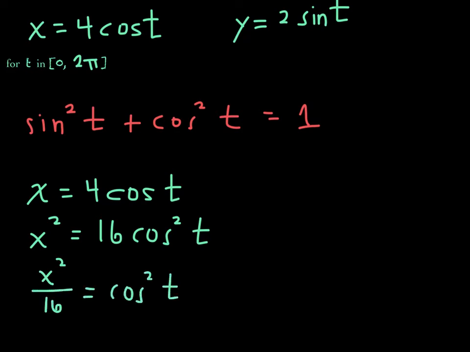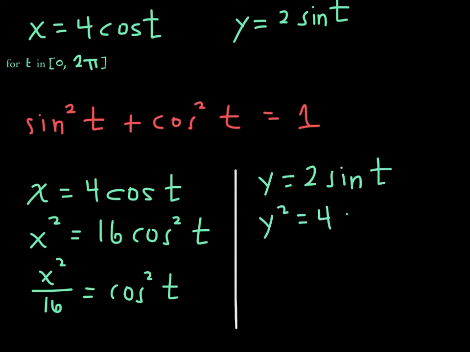Now, let's not lose the other parametric equation. Let me come over here. The other parametric equation is y equal to 2 sine t. What I want to do is square both sides so that I can use my Pythagorean identity. So I get y squared is equal to 4 times sine squared of t. That's the same as y squared over 4 is equal to sine squared of t.